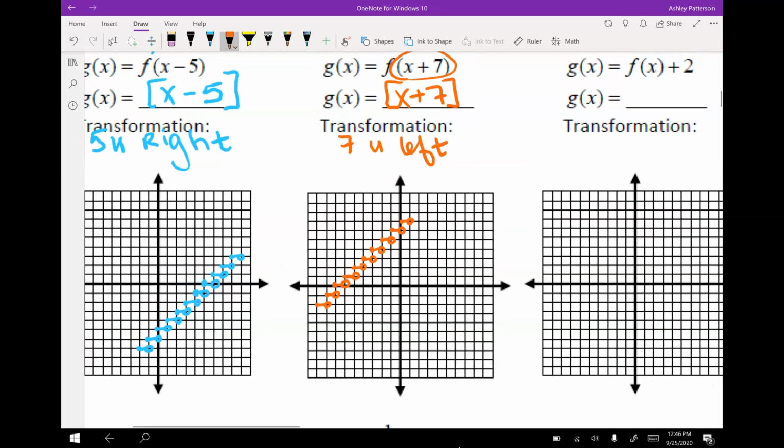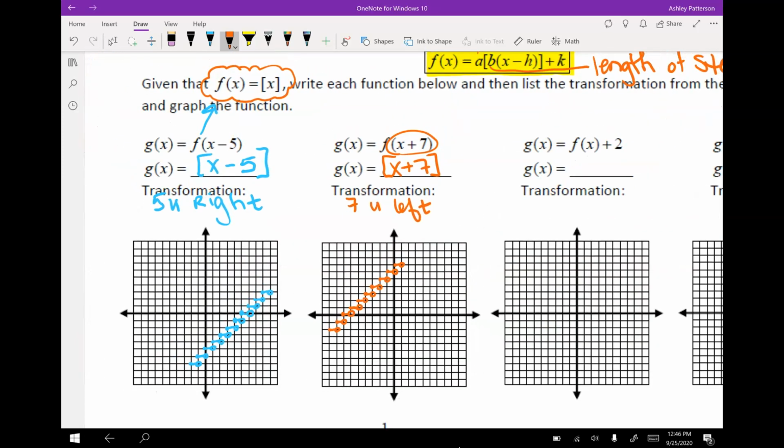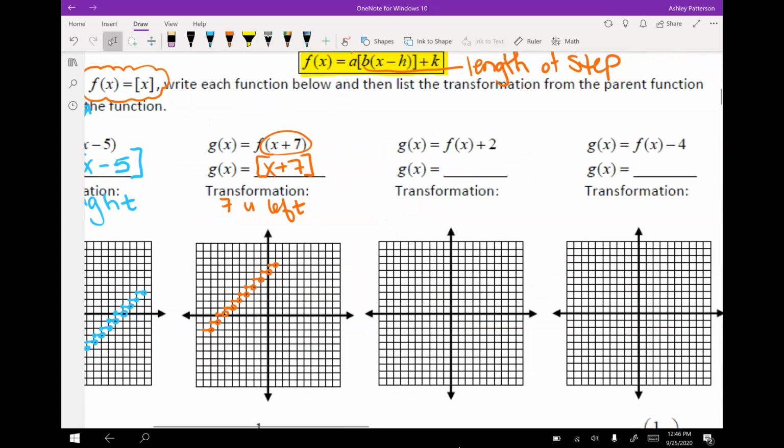Nice. H, translation horizontally. If we look at the next one, it says f of x plus 2 on the outside. So I'm going to substitute in what the given f of x was, which is the greatest integer, and the plus 2 is on the outside, which can only mean that that's a K value. So I'm going to say that we are shifting 2 units up because K is positive 2.